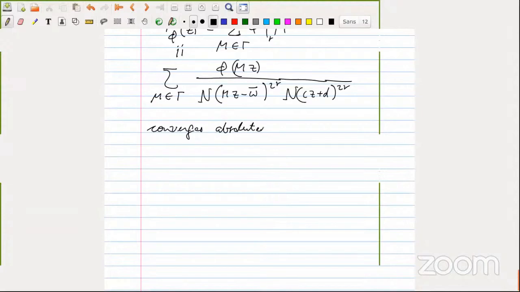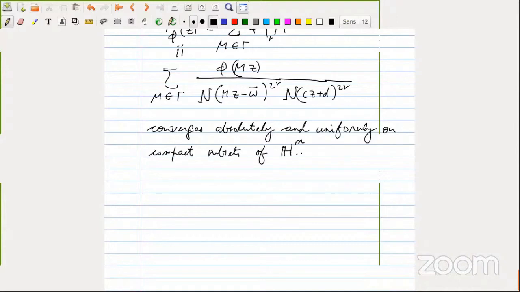It's an analytical result, absolutely. In fact, it converges uniformly on compact subsets of Hn.